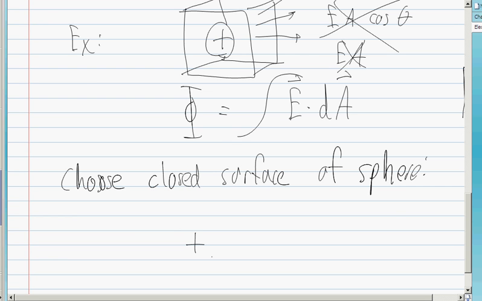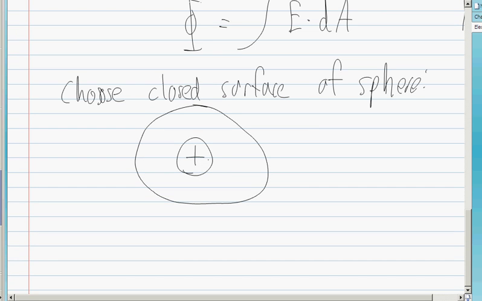So I've got a plus charge inside of a sphere. I'm really bad with three-dimensional shapes, so we're going to have to pretend that's a sphere. It has a radius of r and a charge of q.